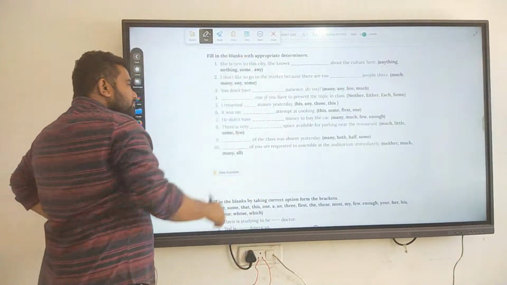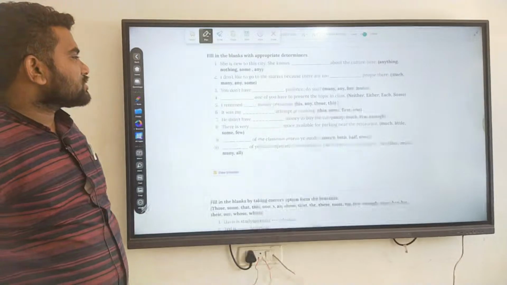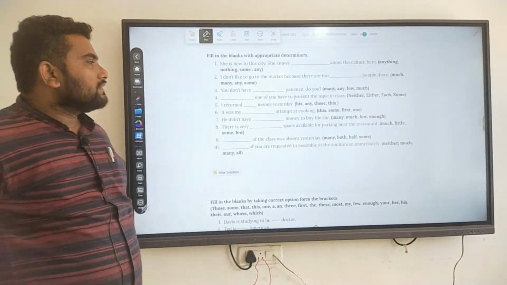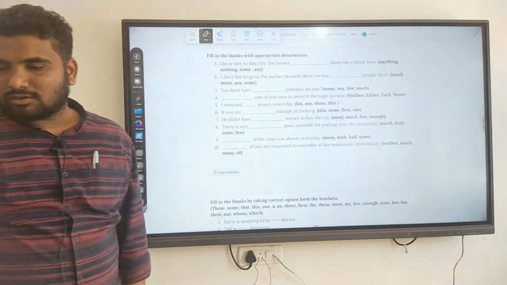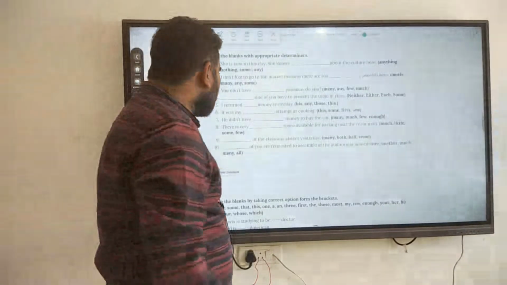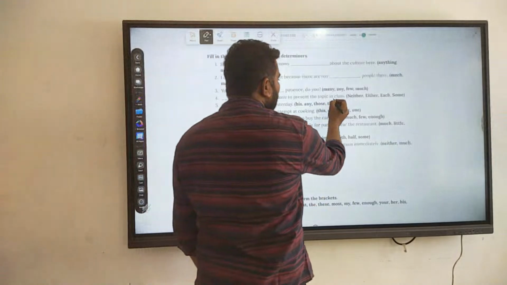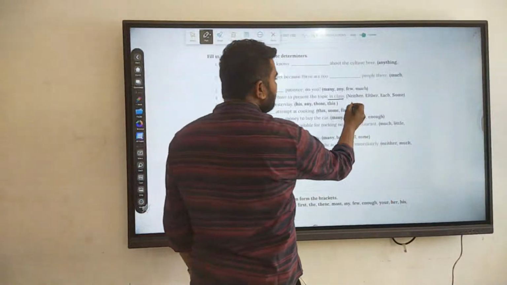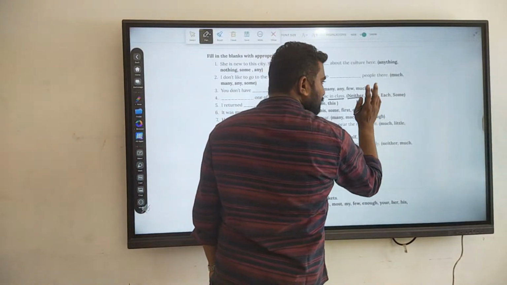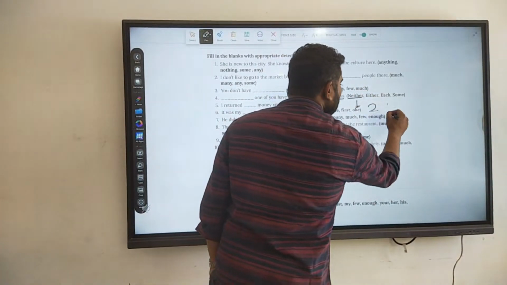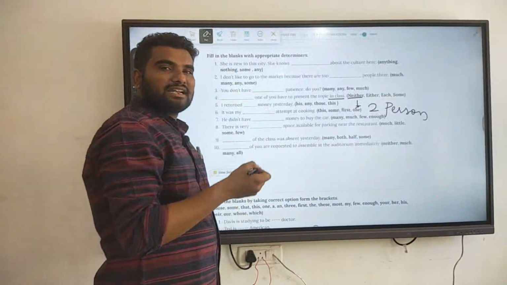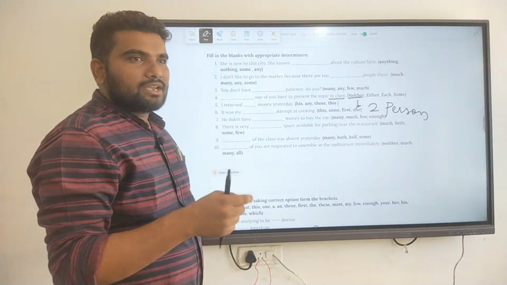Next is, dash one of you has to present the topic in the class. As I've just told you, neither is used for two persons or two people, but this sentence is not negative.